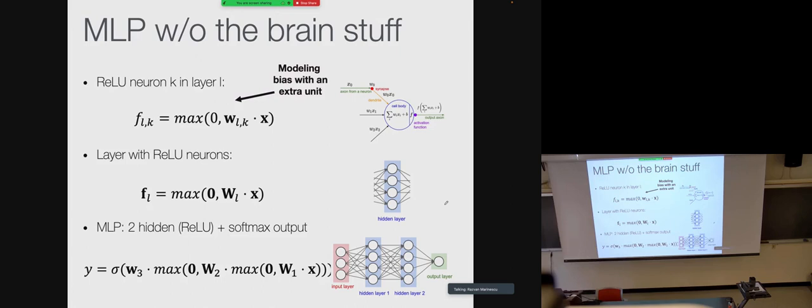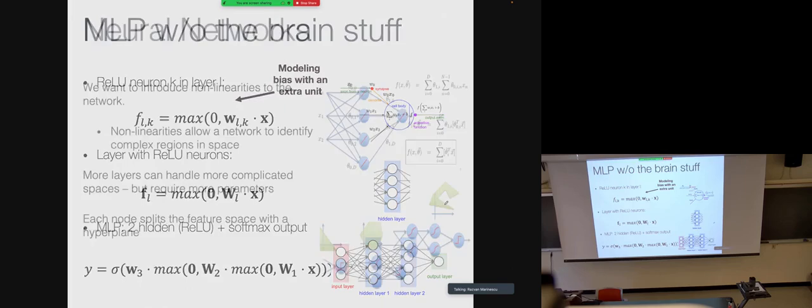We apply this function once, max over 0 and W1x, and then we apply it again, max over 0 and W2 of the previous result. When we stack these layers together, we end up learning much more expressive functions. Each one is quite simple, but if we stack many of them, the network starts being able to learn much more complex patterns.